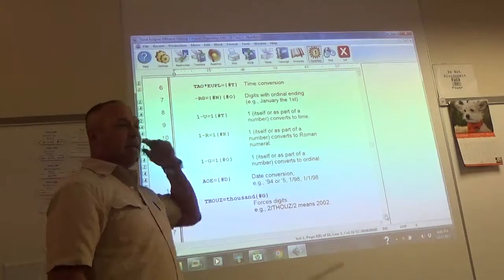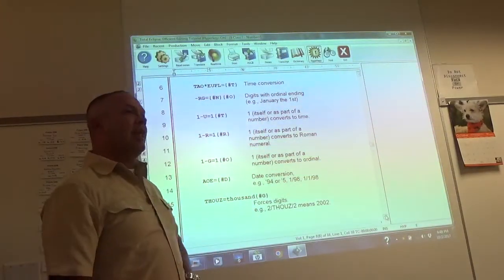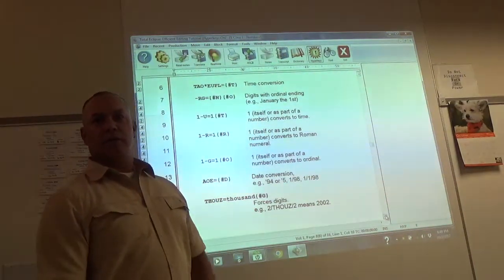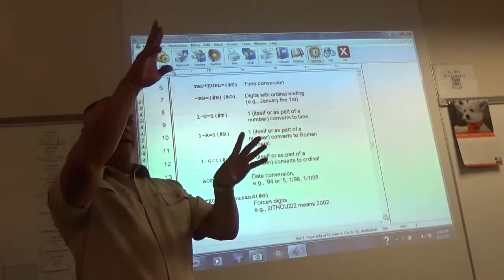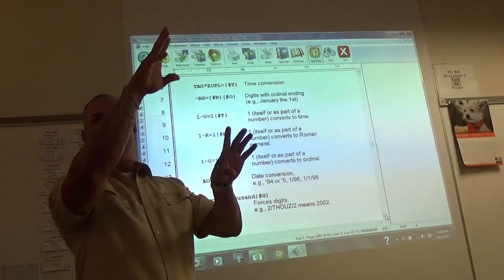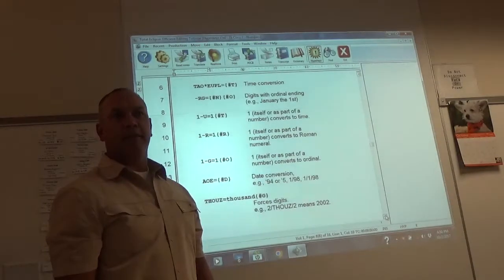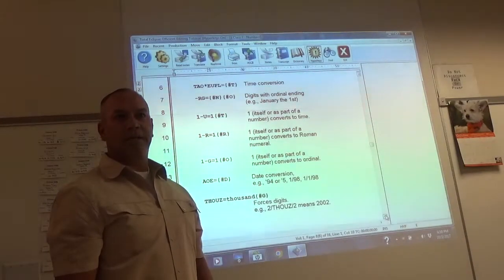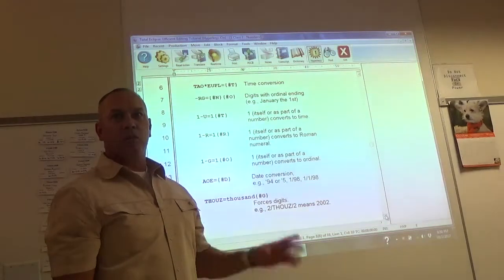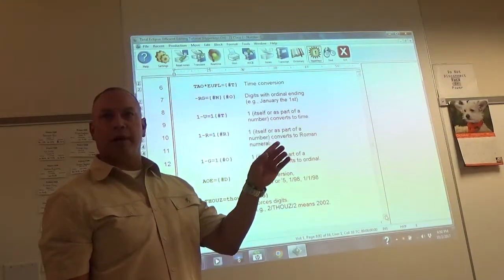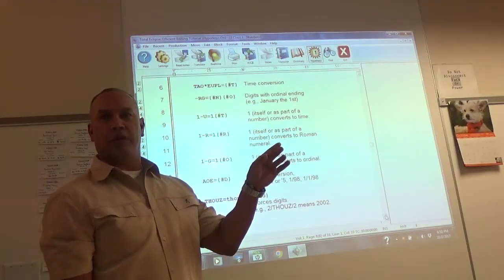So even if they said the 309th district, so you can do 309E or E9, and it should put it all together as 309. Does that make sense? As long as the numbers are together, the numbers are probably going to stay together. They're going to keep the numbers together.